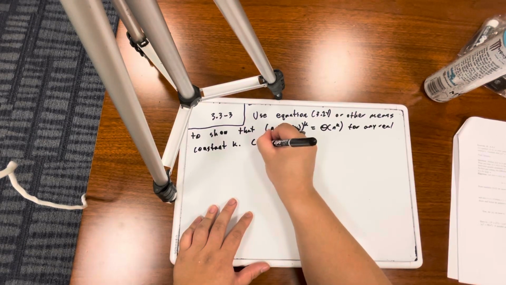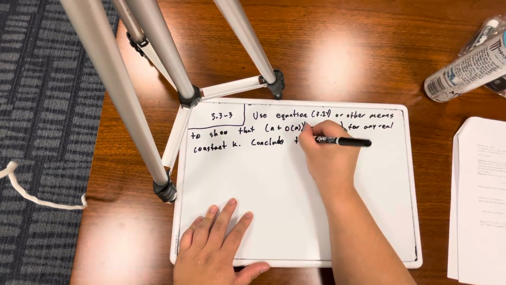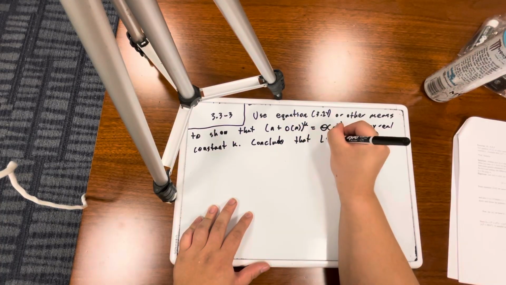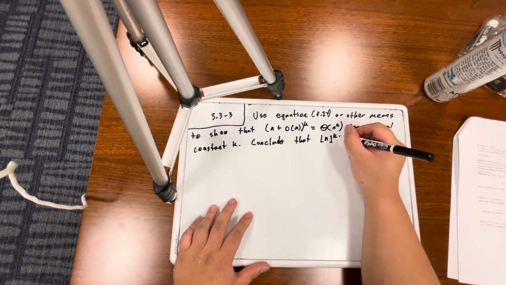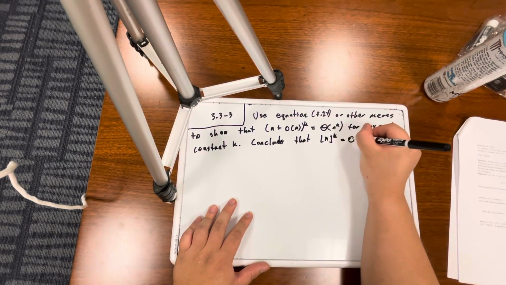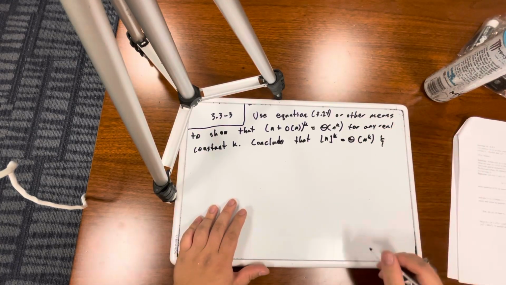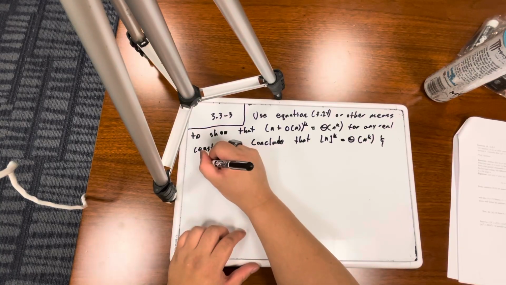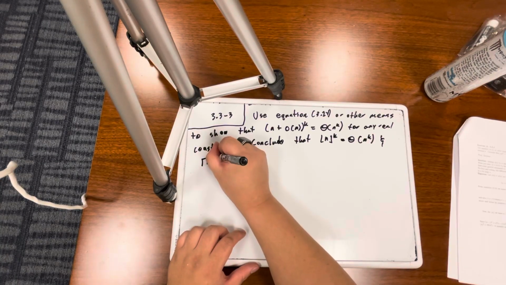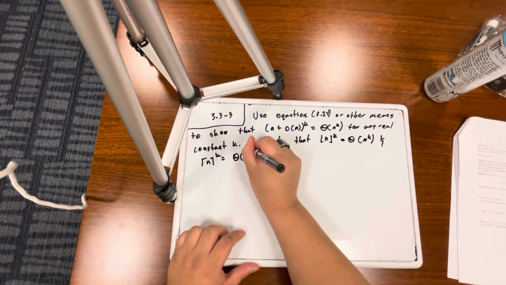Conclude that floor(n)^k = Θ(n^k), and ceiling(n)^k = Θ(n^k).